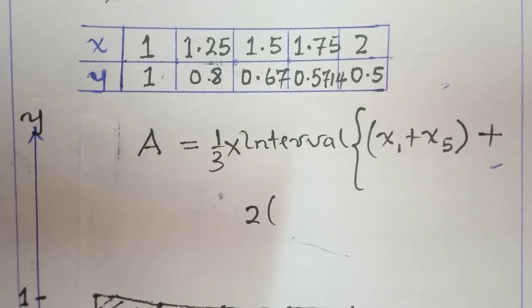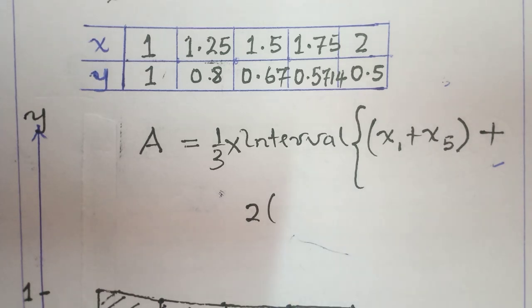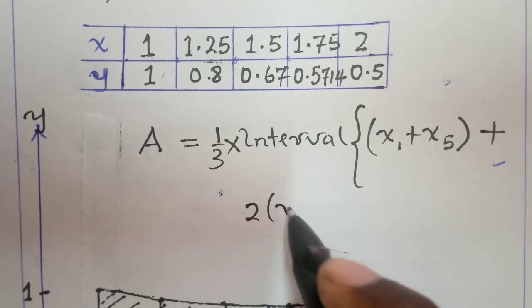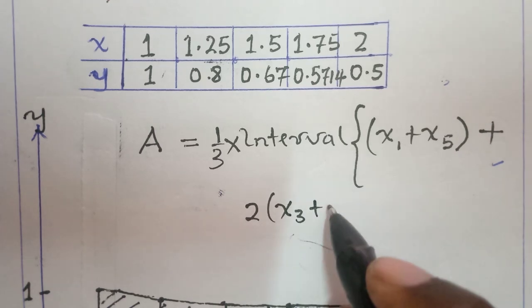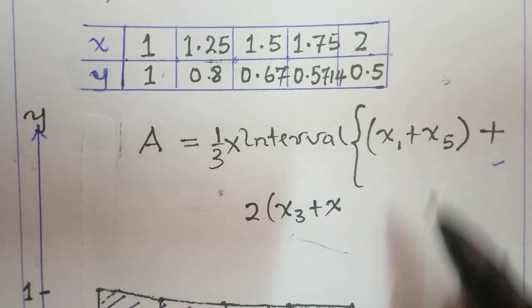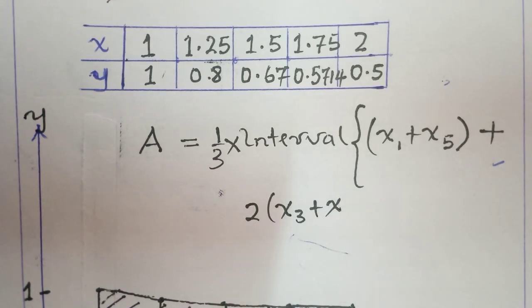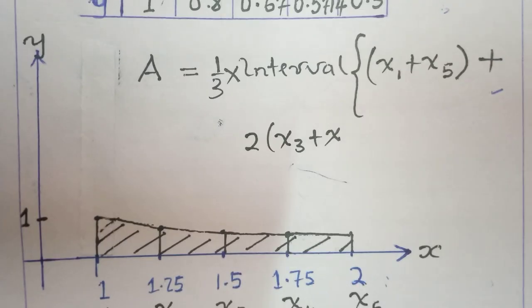the odd ordinates, and the odd ordinates for us is x3, that is now x3 only. So, guys, for this one we have only that one ordinate, because already we've taken the last ordinate, which is x5, and x1, so we are remaining with 3.